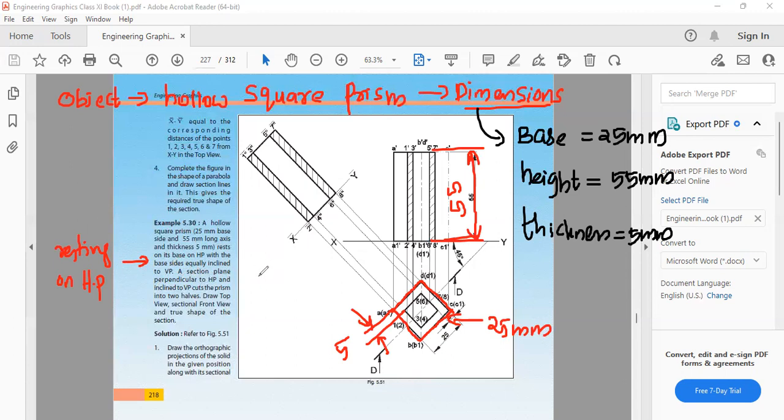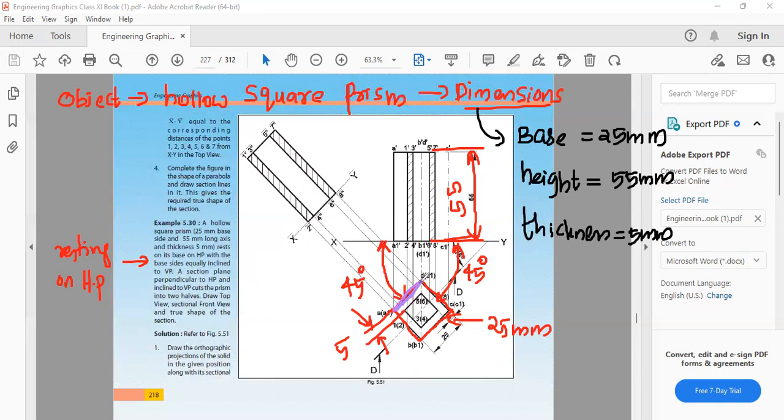What is the meaning of that? Base side equally inclined to VP means it's 45 degrees. That means this inclination is 45 degree.